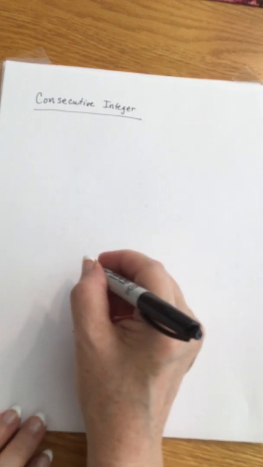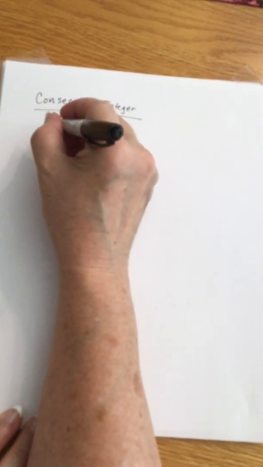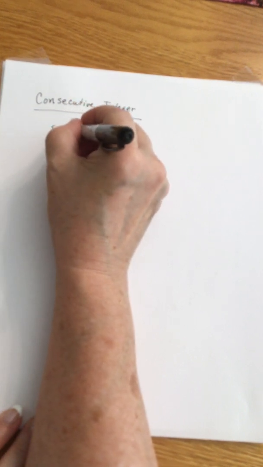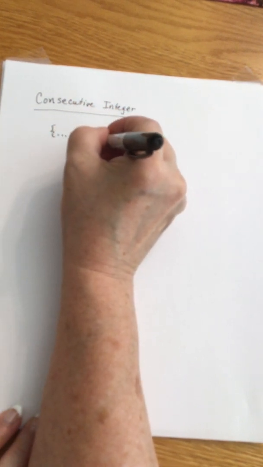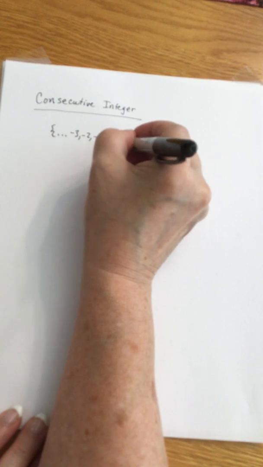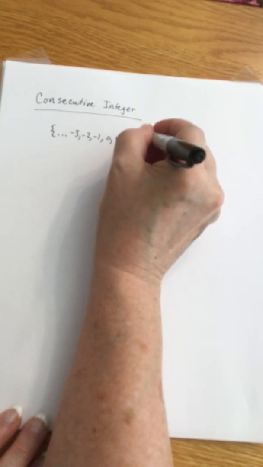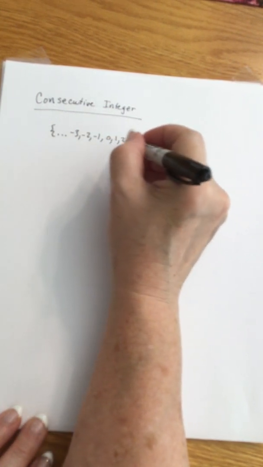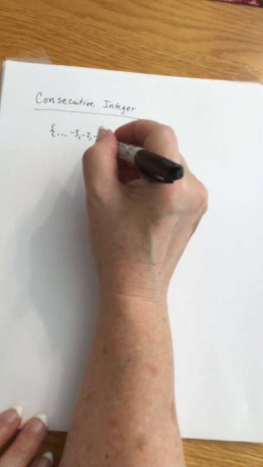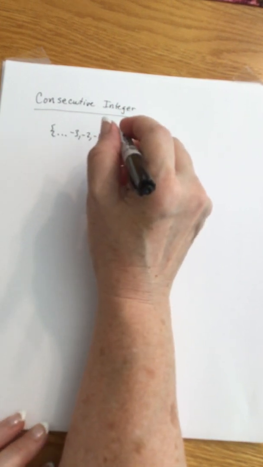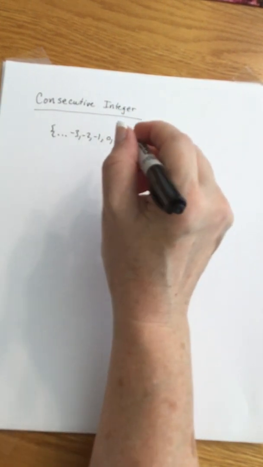So we're going to look at two things. We know the integers are the set of numbers -3, -2, -1, 0, 1, 2, 3, and so forth. So it's the whole numbers plus their opposites. So give everybody a chance to catch up to that point first.